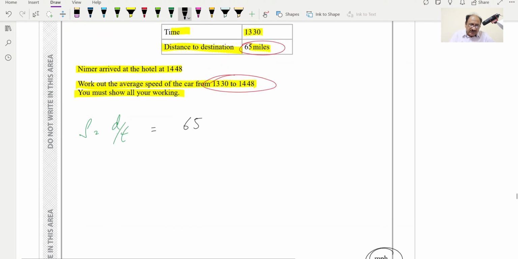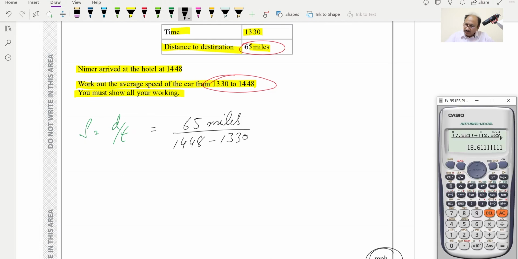So 65 miles is the distance, and the time taken is 1448 minus 1330. So I'm giving you the easiest way to solve this question, and you will have to follow this. And now we will use the calculator for this.